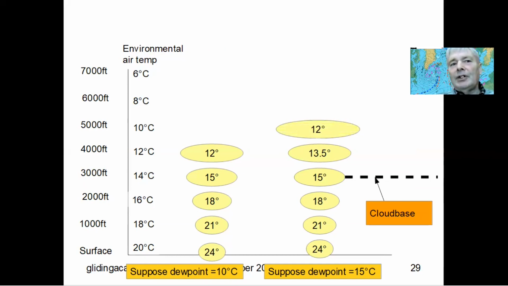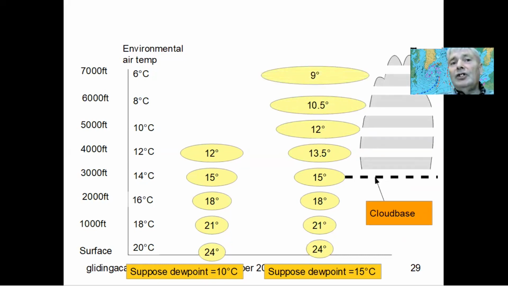And if you notice, the temperature difference between the parcel of air here at 5,000 feet and its surroundings is now 2 degrees. And as the parcel rises, continuing to cool at the saturated adiabatic lapse rate, it reaches 10.5 degrees and 9 degrees and so on.